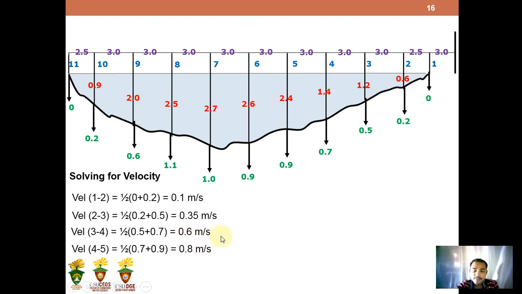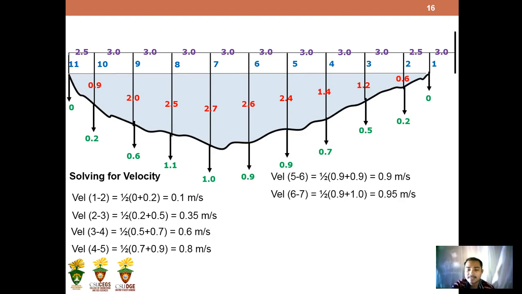For velocity between 4 and 5 intervals, we have 1/2 times 0.7 plus 0.9, that is equal to 0.8. Verticals between 5 to 6, we have 1/2 times 0.9 plus 0.9, so that leads to 0.9 meter per second.